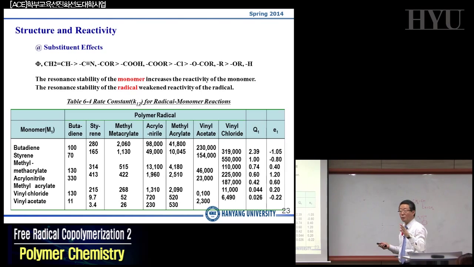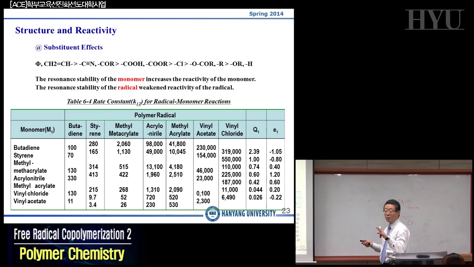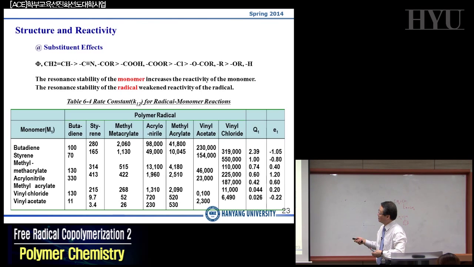So the reactivity of those radicals having the resonance stabilized structure is quite weakened. Therefore, the reactivity is quite decreased in this case. So monomer reactivity ratio is from right to left, whereas if it becomes a radical, reactivity of the radical is from left to right. Okay?